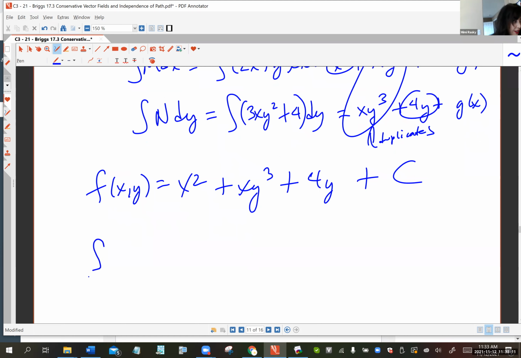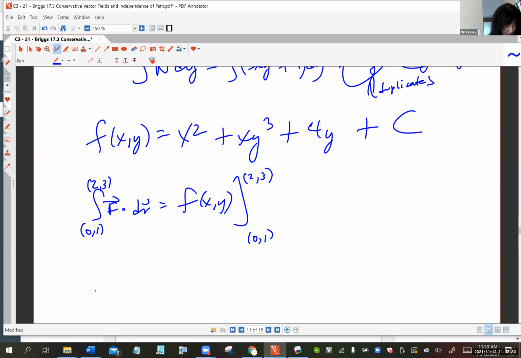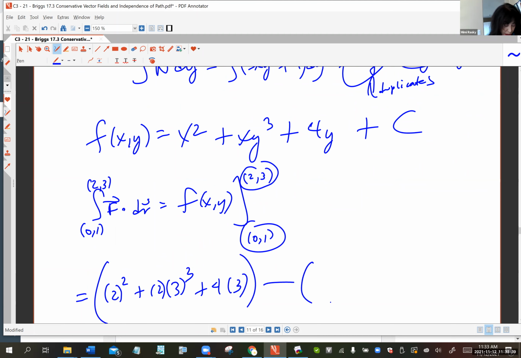So then what? Well, this line integral that they want us to do, which has a beginning point of (0, 1) and an ending point of (2, 3), is simply going to be the potential function evaluated between (0, 1) and (2, 3). It's that easy. Always do the ending point first. So you got 2 squared plus 2 times 3 cubed plus 4 times 3, minus, and then substitute the beginning point, 0 squared plus 0 plus 4 times 1.